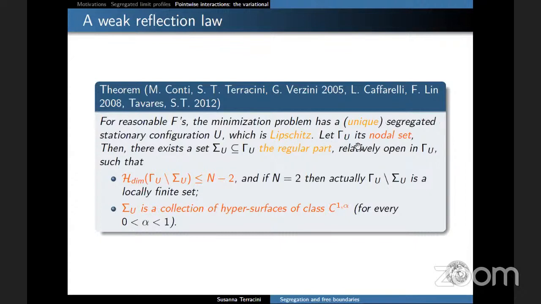And if we consider the nodal set, that means the set where all components are simultaneously zero, this has a nice structure. There is a singular part, which is small in dimension, and a regular part, which is a collection of hypersurfaces of class C^{1,alpha}.